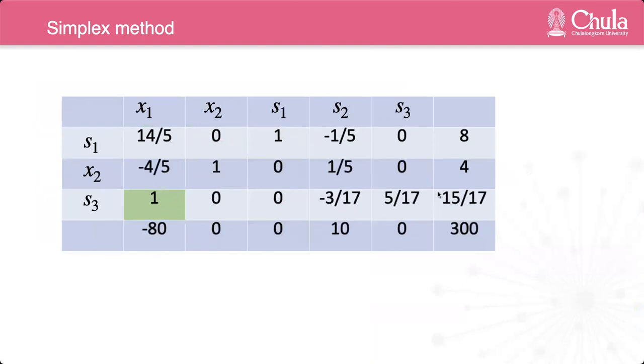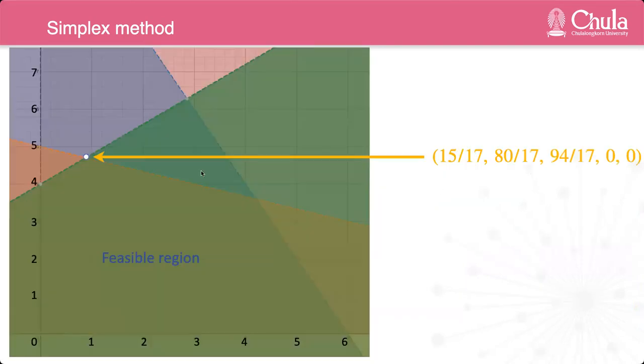Okay, so we are at this point. And you see that the slack variables for the second constraint and the third constraint are 0. What does it mean?